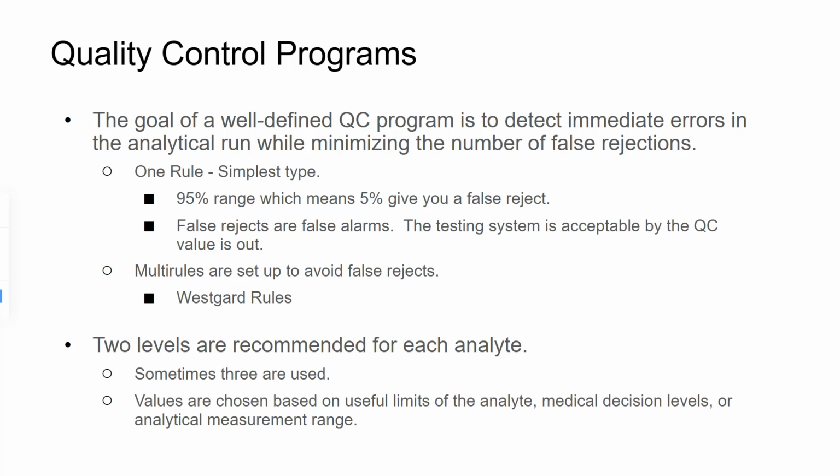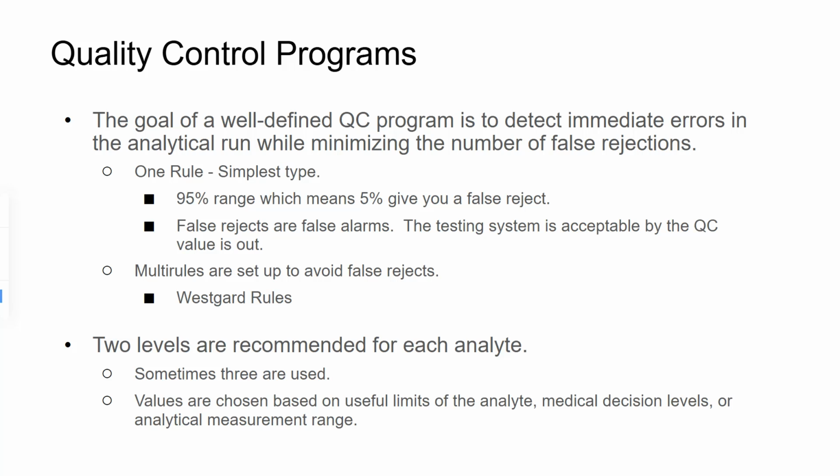So quality control programs. The goal of a well-defined quality control program is to detect immediate errors in the analytical run while minimizing the number of false rejections. One rule, the simplest type, is the 95% range, which means 5% give you a false reject. False rejects are false alarms. The testing system is acceptable by the QC, and the value is out.